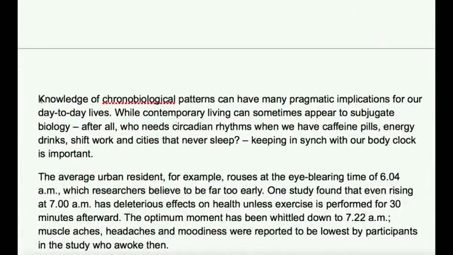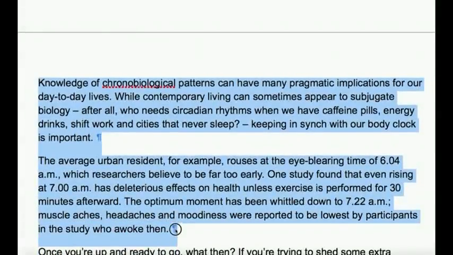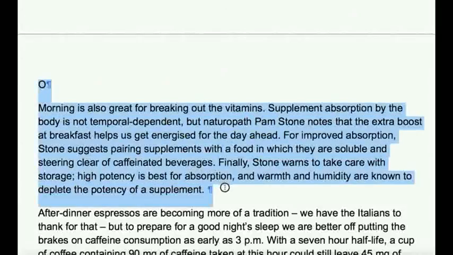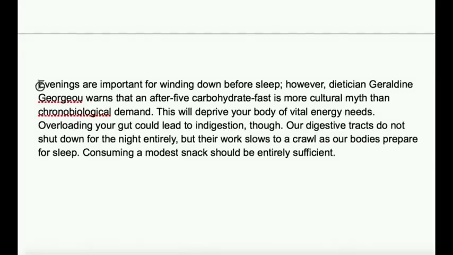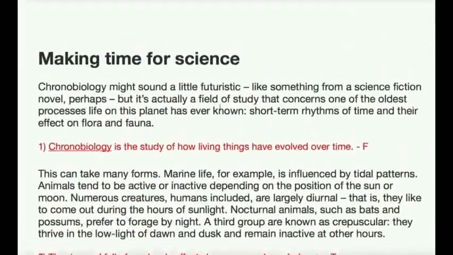So all of these paragraphs that follow are not relevant to the question, so we're just focusing on this section of the reading.